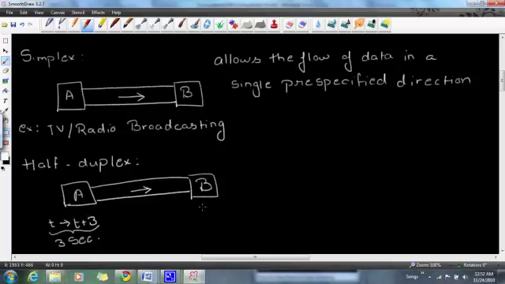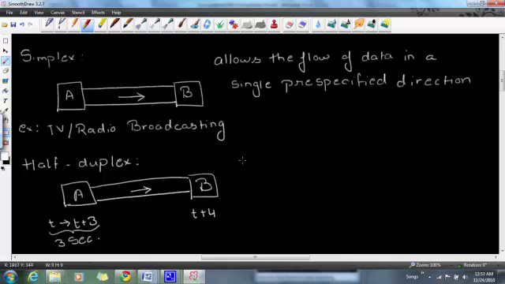After this time period is over and user B wants to transmit some data, it can send data to user A, but that would be at the time instant of t plus 4. And from here on till the time user B is transmitting the data, user A cannot send back any data and it can just receive the data.